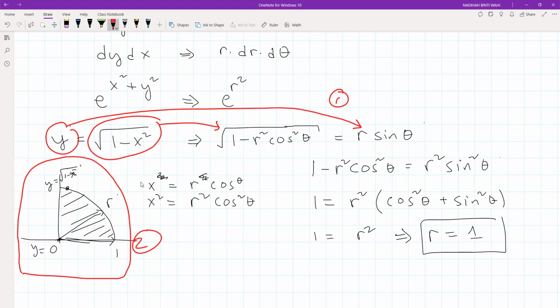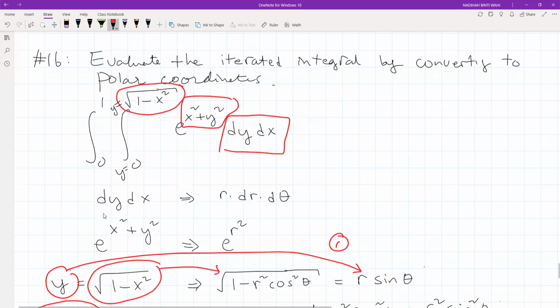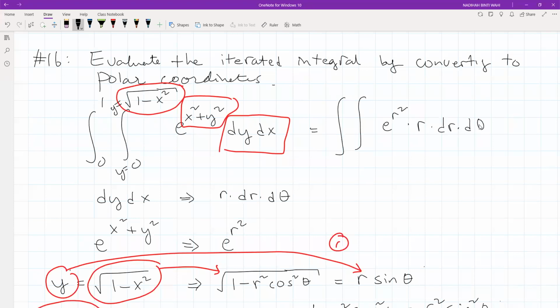Okay, so if you want to convert the whole thing, you integrate. Do the integral first. Okay, so this is just e to the r squared times r dr d theta, and then r goes from 0 to 1, theta goes from 0 to pi half.